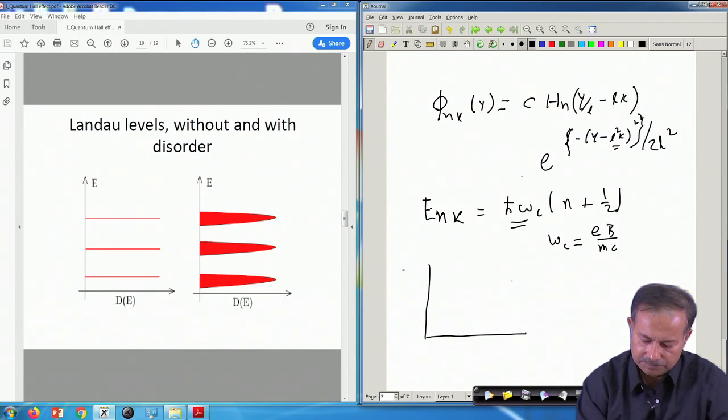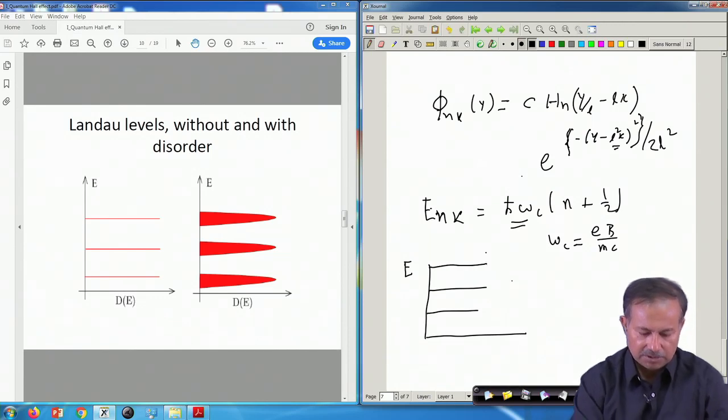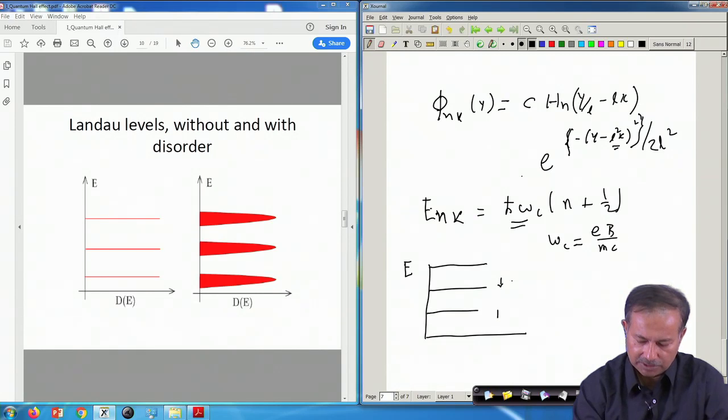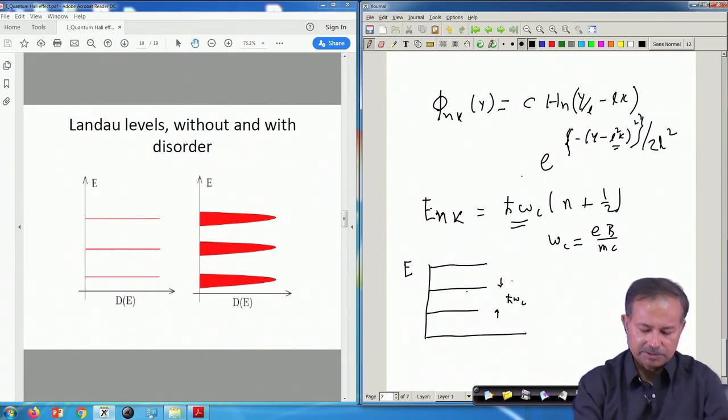E is basically a series of lines which are separated by an amount h cross omega c, and the separation is constant, goes on and on and on.